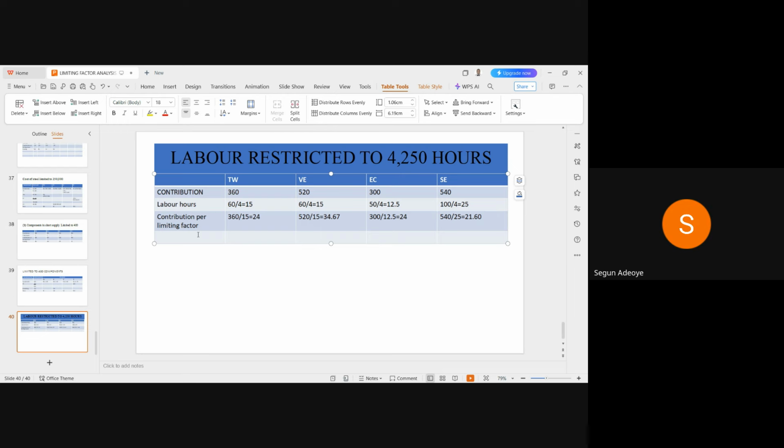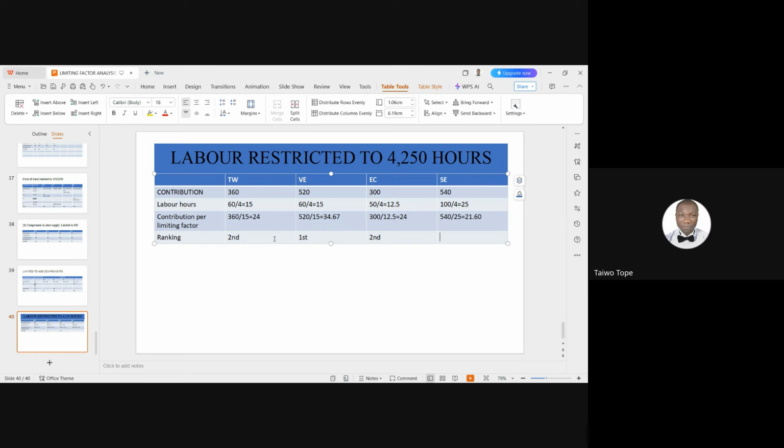Ranking. Very good. So which is ranking first? VE first. Second, TW and EC, TW and EC are both second.